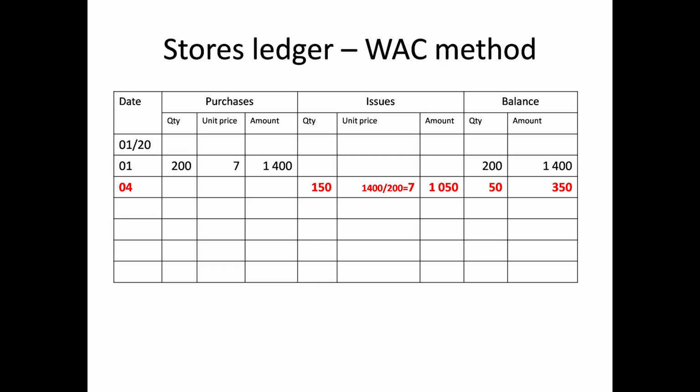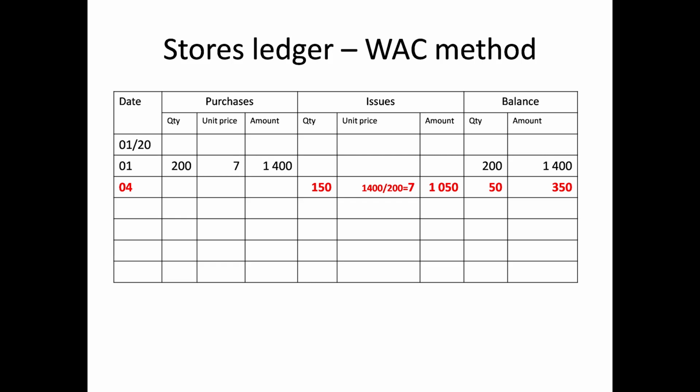Now here, this issue has been done on 4th of January. The immediate balance you can find under 1st January, refer the balance column, quantity 200, amount 1400. Now you need to calculate the weighted average price per unit.